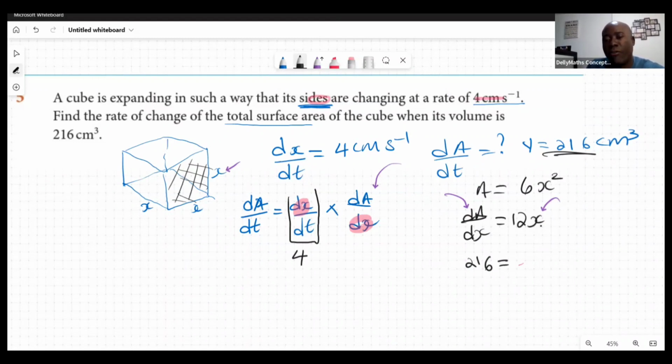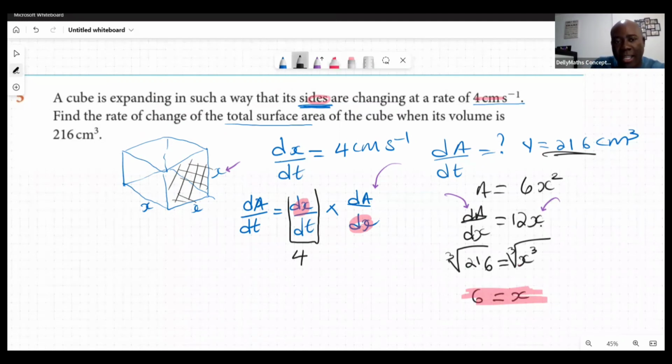How do you find the volume of a cube? x times x times x, which means x to the third. Now, if I take the cube root of this, I'll definitely get 6, which is equal to x. So what I'm suggesting is I now know the value of x when the volume is 216.